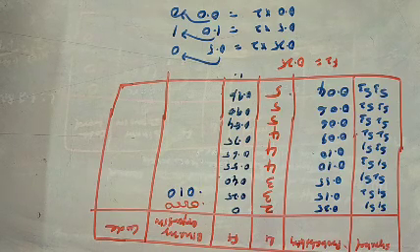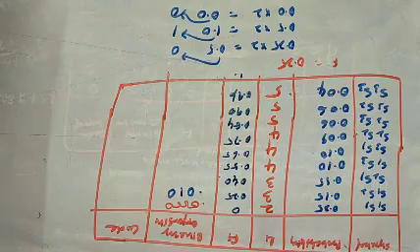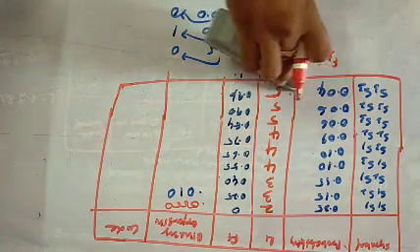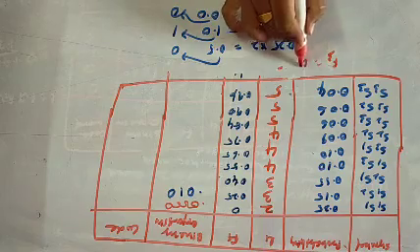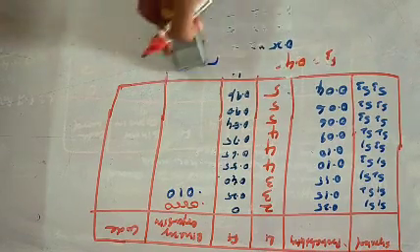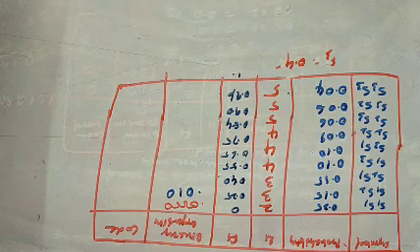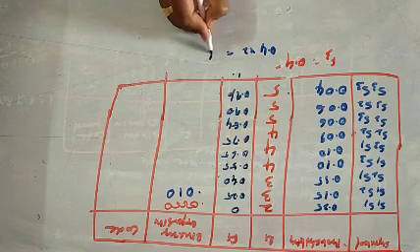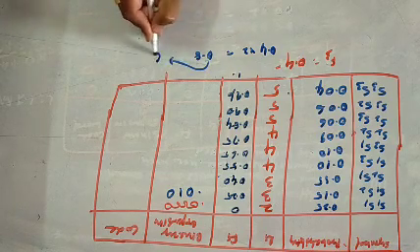Similarly, for F3, what is F3? We got it as 0.4. You have to convert this 0.4 into binary expansion. So 0.4 times 2 is 0.8 with carry 0.